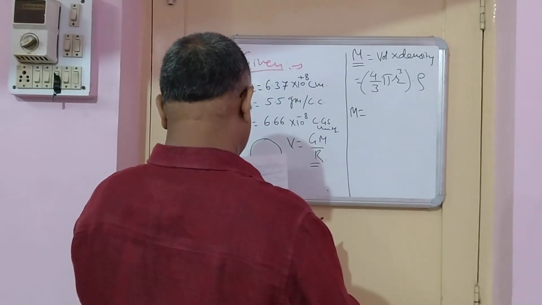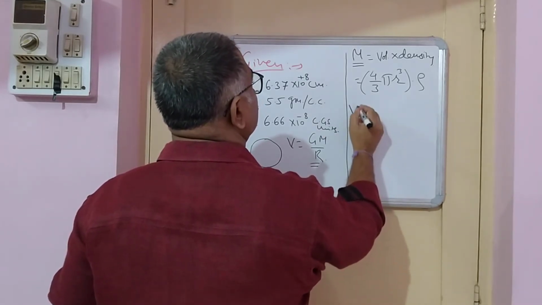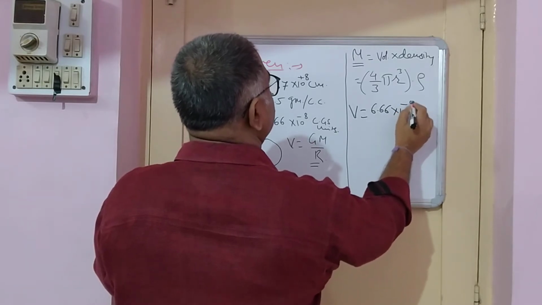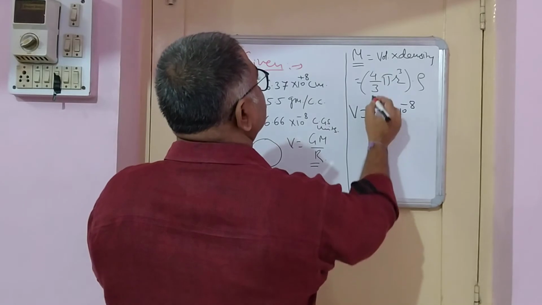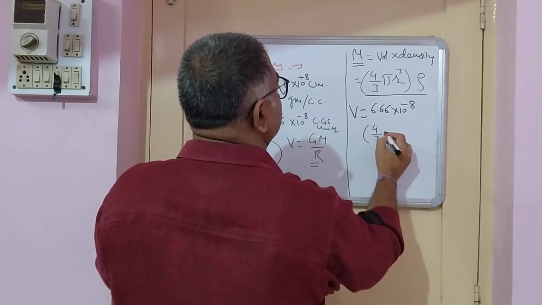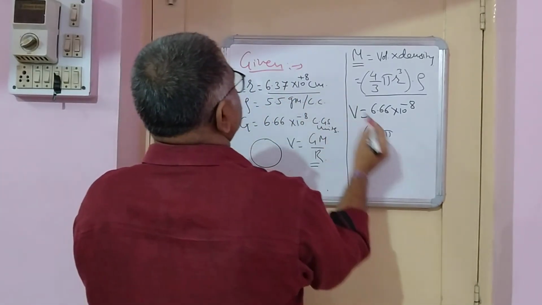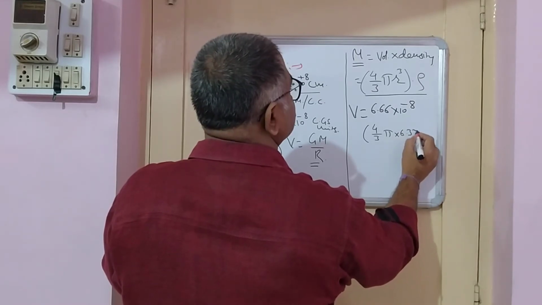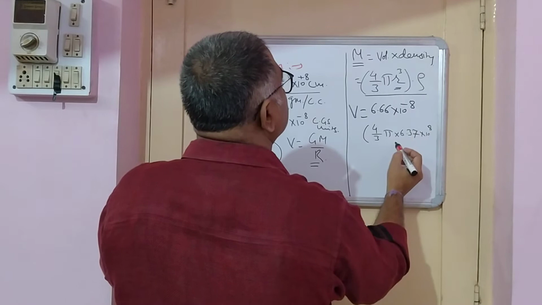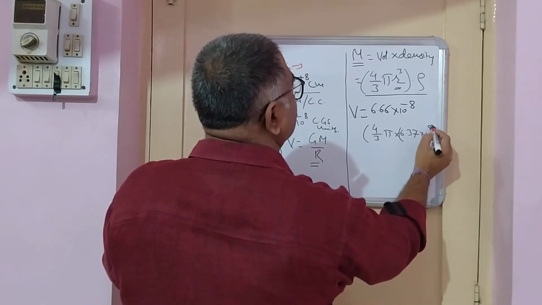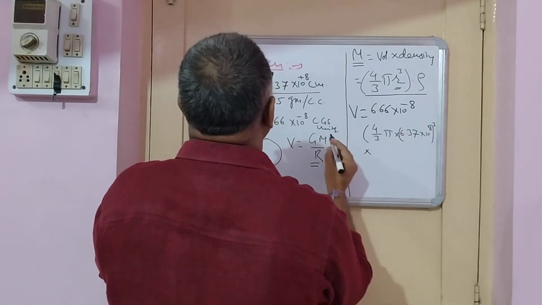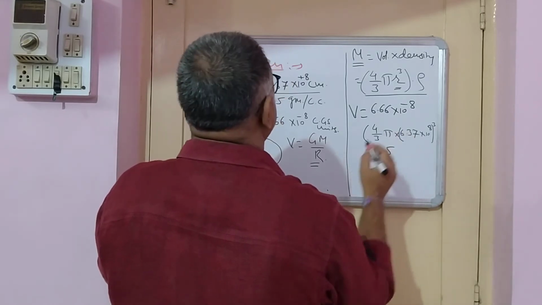Now, Earth's surface potential is V equals G, having a value of 6.66 into 10 raised to minus 8, then M, this quantity we will write here, 4 by 3 pi r cube into rho, where r is 6.37 into 10 raised to 8, and rho is 5.5.